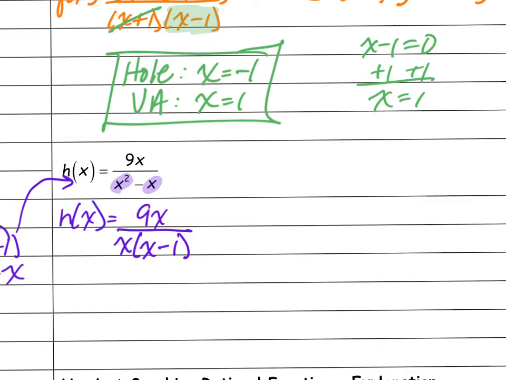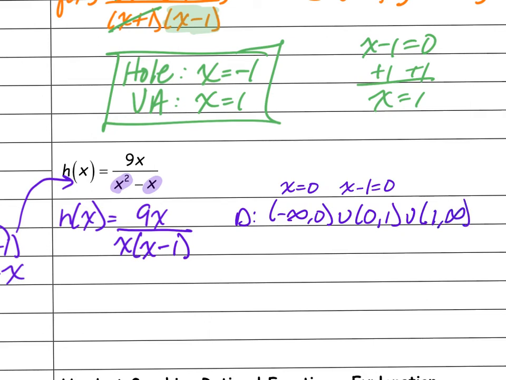So I know that I have two things multiplied together that equals 0. So I know that I have x equals 0 and I have x minus 1 equals 0. So my domain is going to go from negative infinity to 0. Oops, domain, so sorry. Joined with 0 to 1, joined with 1 to infinity. And then what am I looking for?